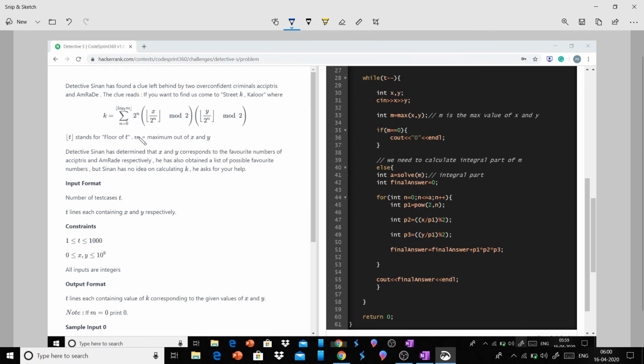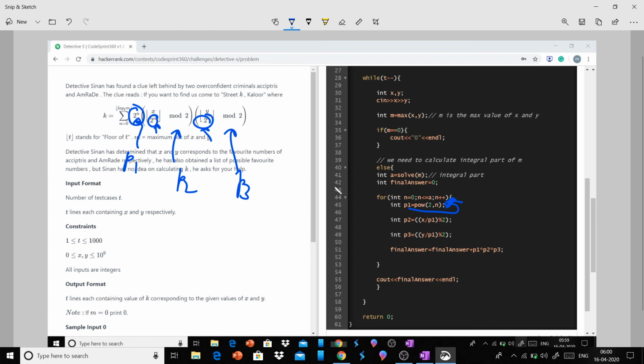And then I calculated this, our P1, this is our P2, and this is our P3. You can see that 2 power n and 2 power n and 2 power n are the same, so I need to use P1 3 times. So I declared P1, and I found its value using the predefined function pow in hashtag include cmath.